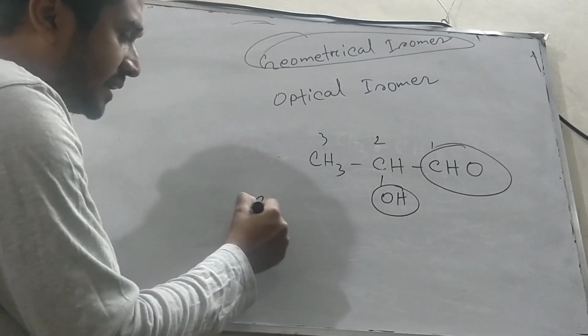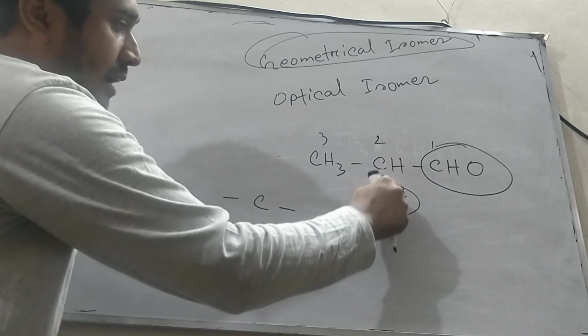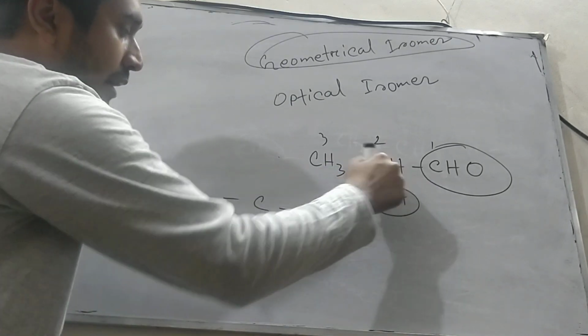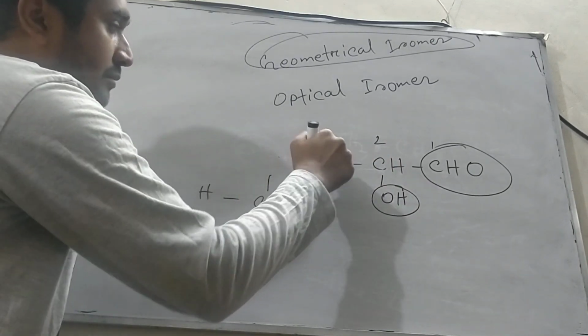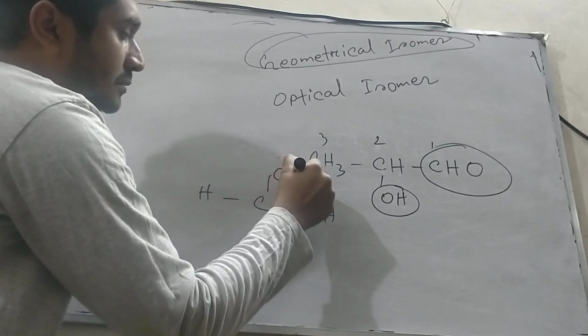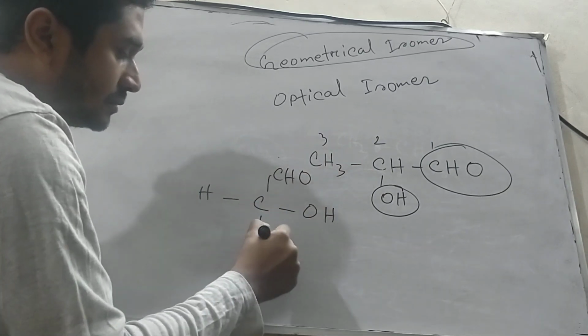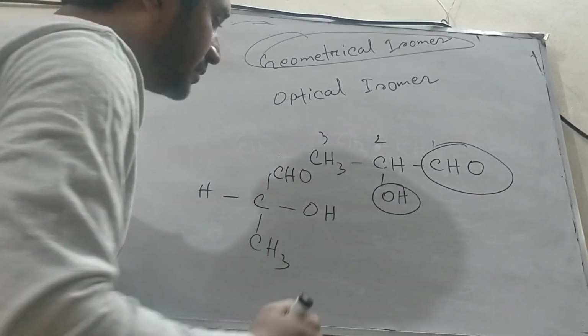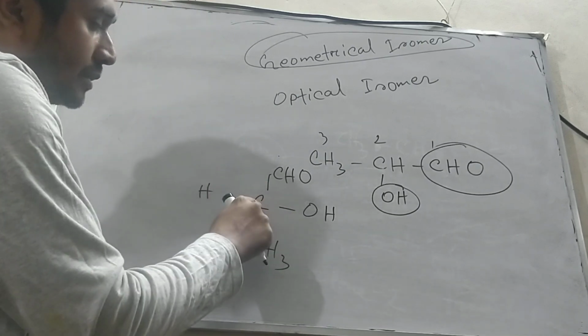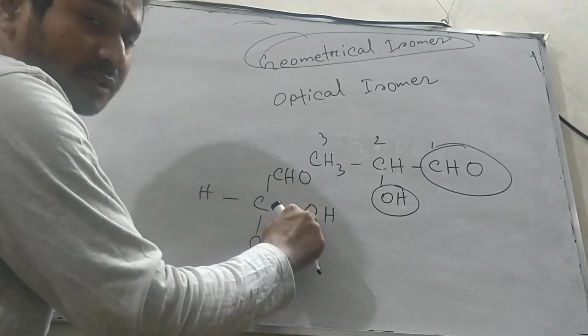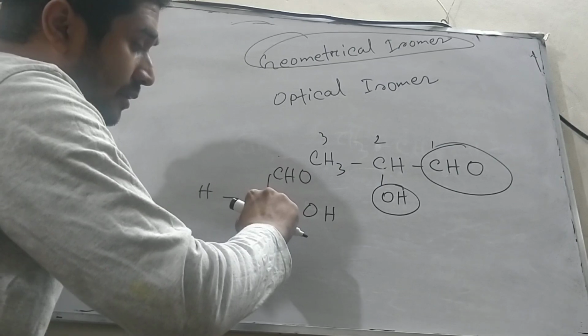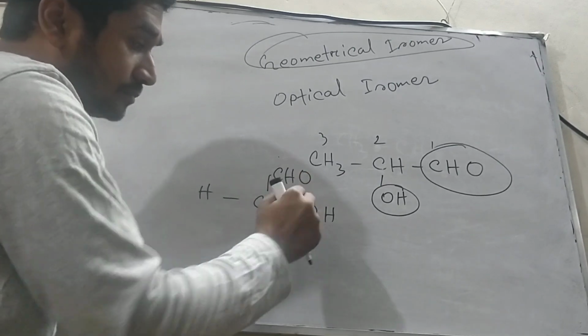If I write it like this: alcohol, hydrogen, and aldehyde, and methyl. Notice one thing, that there are 4 different groups on the 4 hands of carbon.